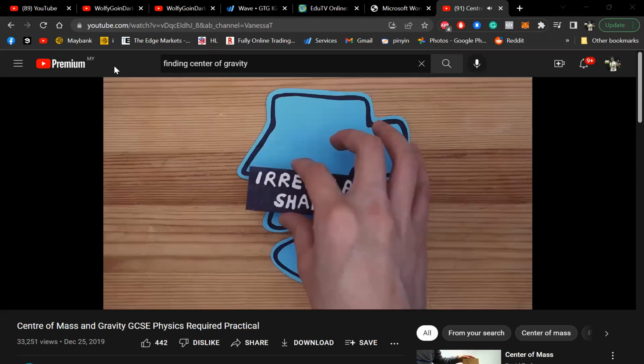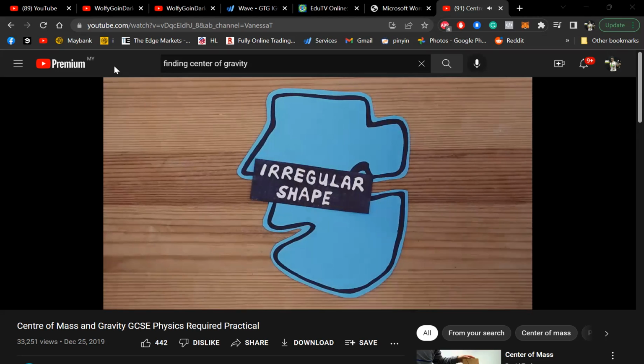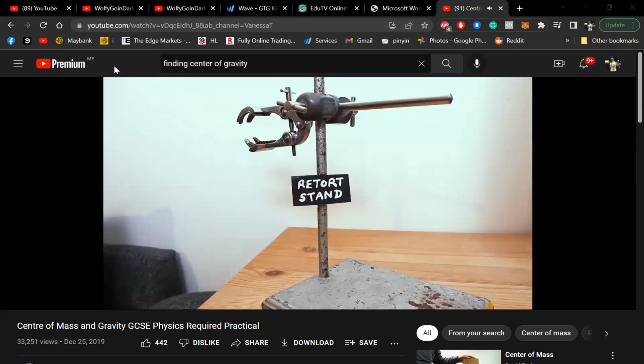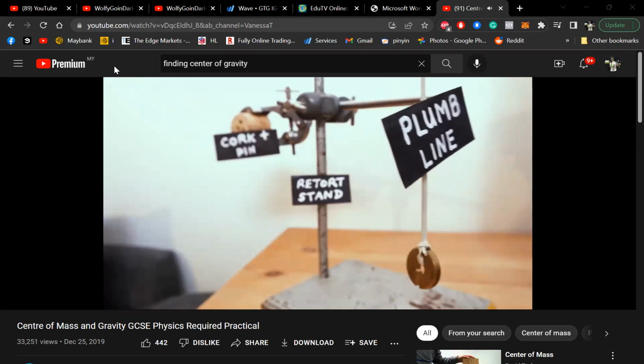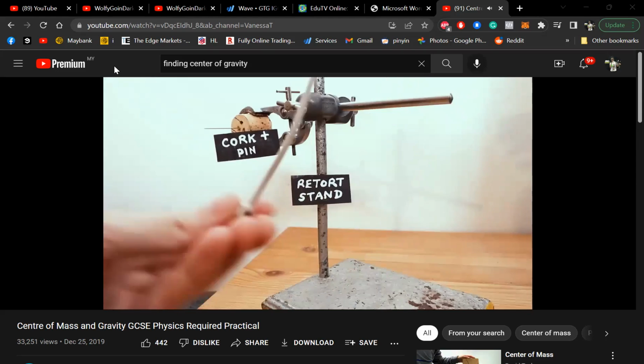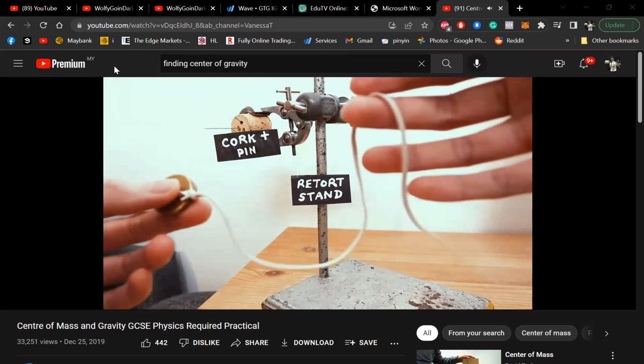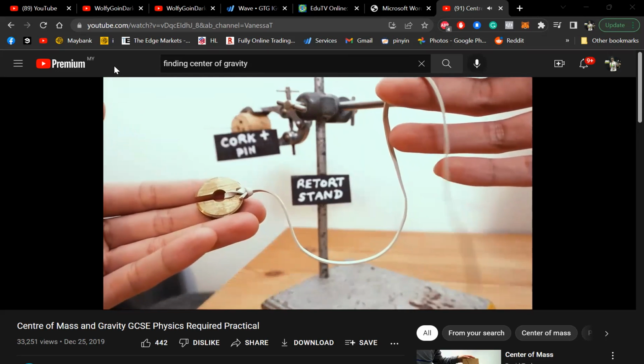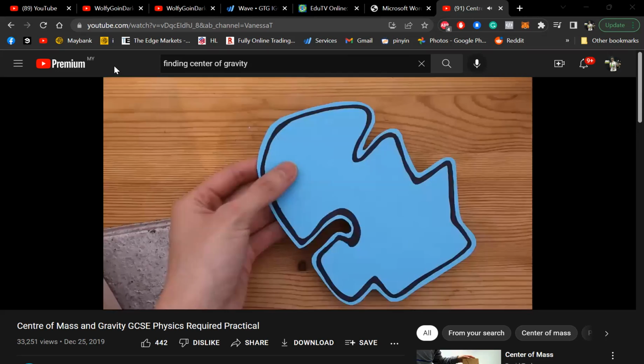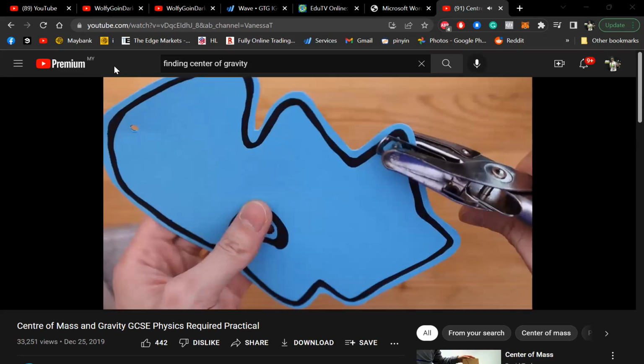When we have an irregular object, it's slightly more complicated. We need a retort stand, a cork with a pin stuck to it, and a plumb line. I've made my plumb line from a hanging mass and a piece of string. I now need to make 2 points of suspension in this object.